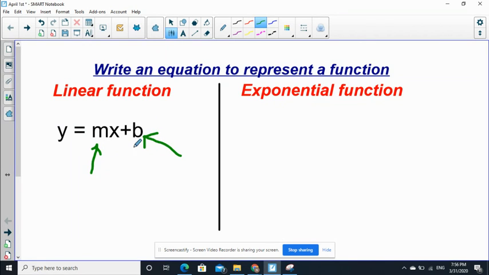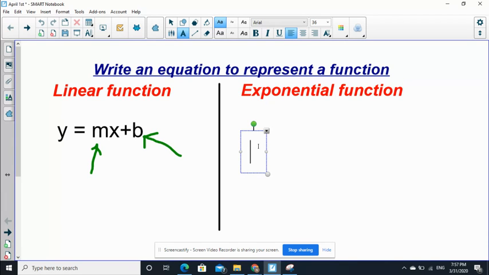So to write an equation for a linear function, you have to know the rate of change and the initial value. These two. And what is the general form for the exponential function?